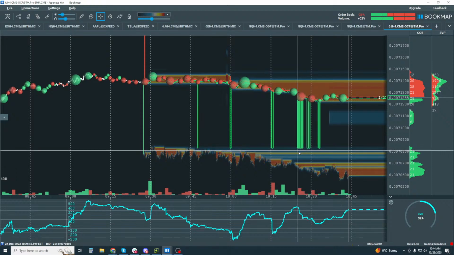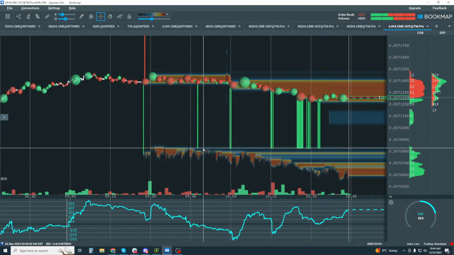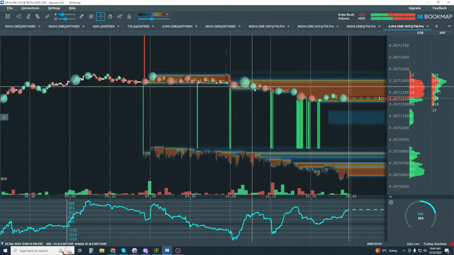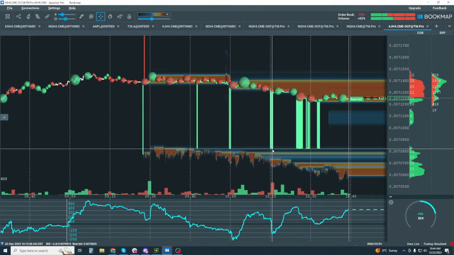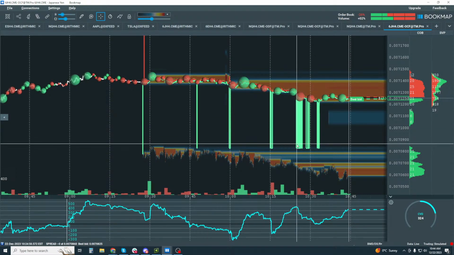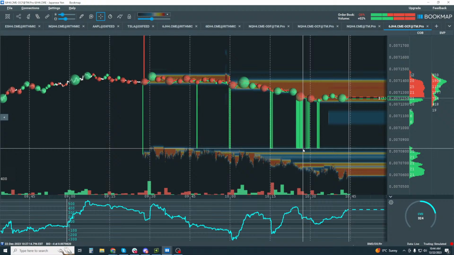Okay, I mean, clearly, it's a little bit higher than that, but very consistently a larger player pulls that liquidity, adds it up higher, stays in the market for a bit, pulls it, adds it down here, adds it back up, pulls it, etc. I mean, it's got to be the same player.